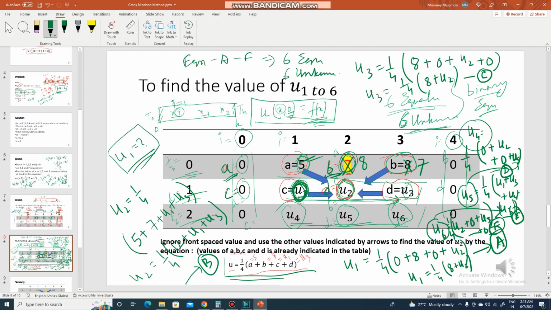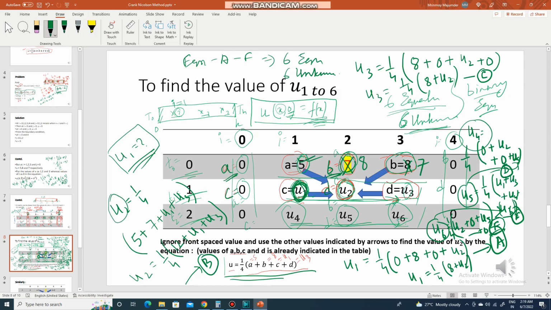So you can easily solve those equations with various available methods. You can use any one of them. What I was suggesting is that you keep putting: the value of U6 from equation F into equation E, then U5 to D, then U4 to C, then U3 to B, and then U2 to A.